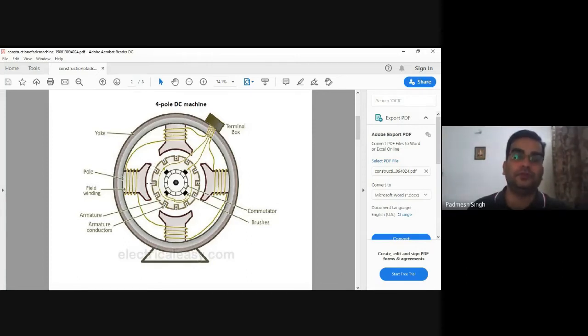After that, coming to this portion, that is the gap between this circle and this pole. This circle is known as the armature. The gap between this armature and this pole is called the air gap.